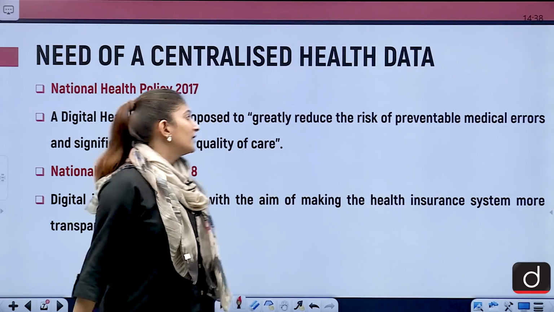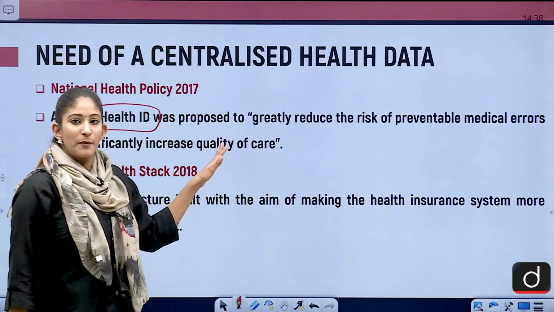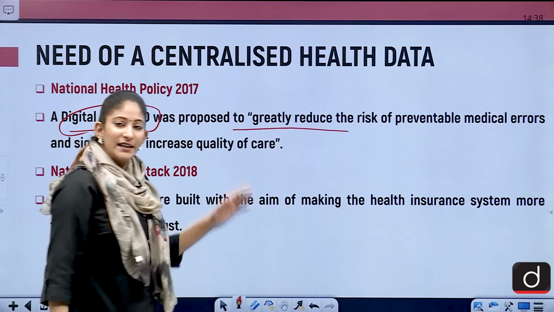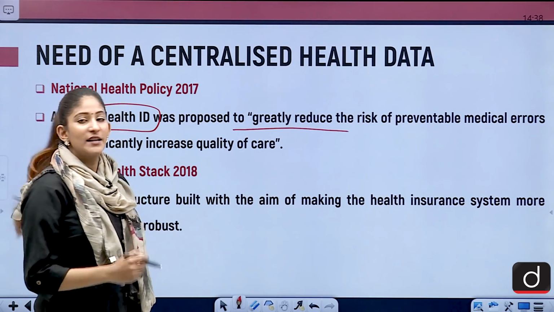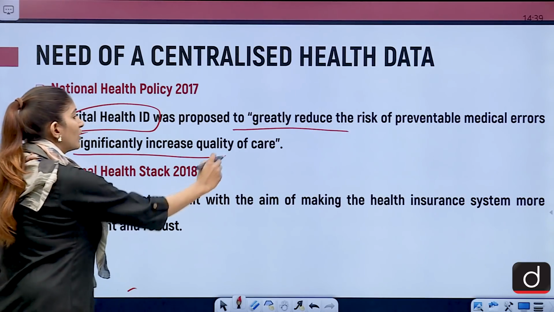And it said that a digital health ID was proposed under the National Health Policy of 2017. It proposed to greatly reduce the risk of preventable medical errors and hence significantly increase quality of care.